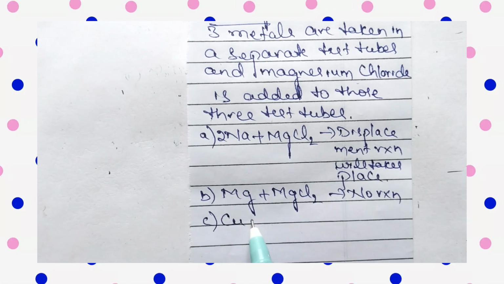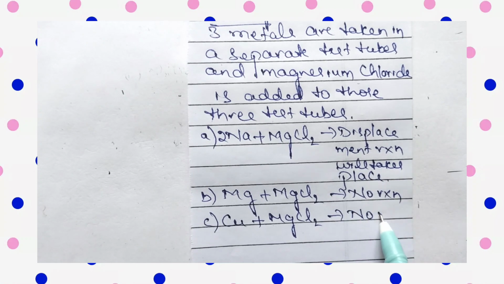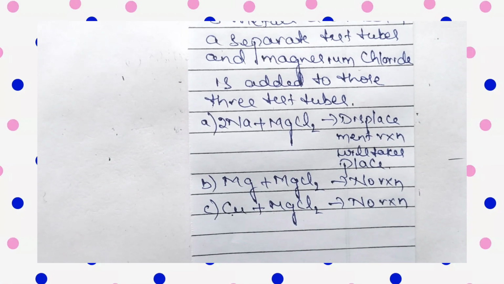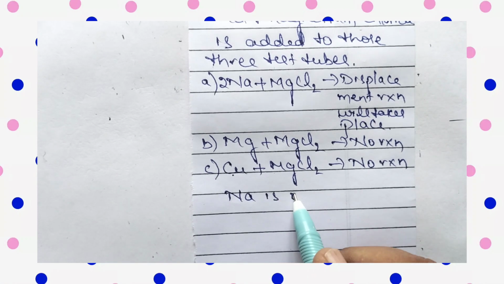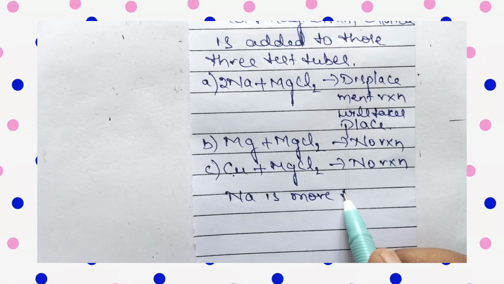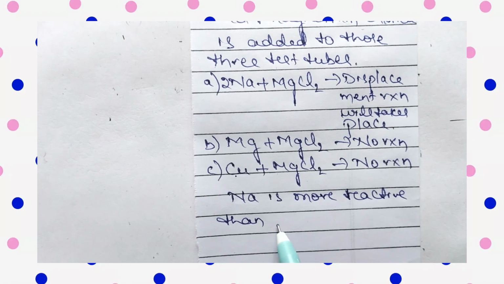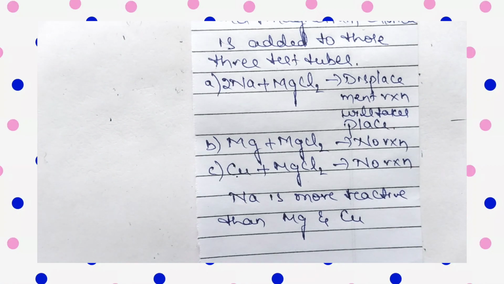Then the third one, a test tube which contains copper, when magnesium chloride is added, no reaction will take place because copper cannot displace magnesium.